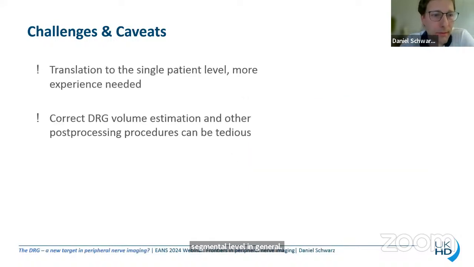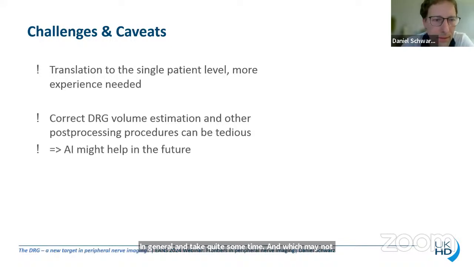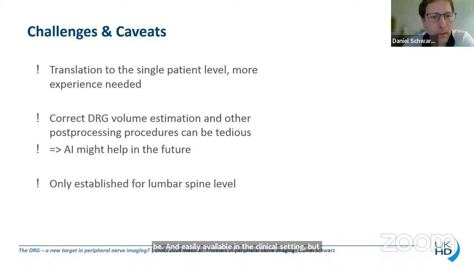The other thing is that a correct DRG volume estimation and other post-processing can be quite tedious in general and take quite some time, which may not be easily available in the clinical setting, but maybe AI might help in the future in that regard.